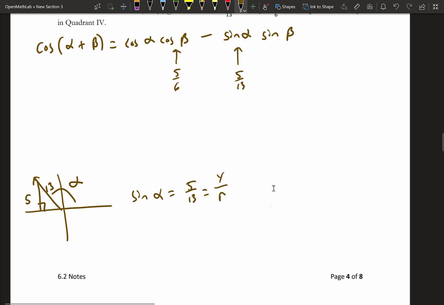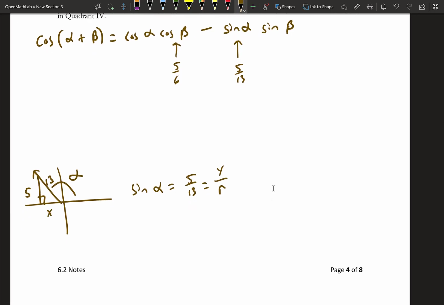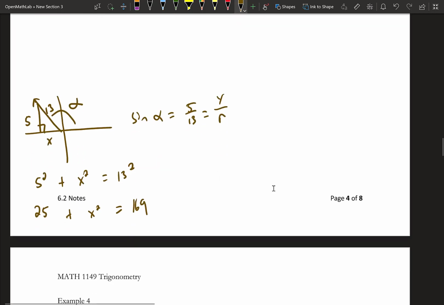Then I can use the Pythagorean Theorem to figure out what x is. So we'd have 5 squared plus x squared equals 13 squared. So this gives 25 plus x squared equals 169. Then if I subtract 25 from both sides, that leaves x squared equals 144.